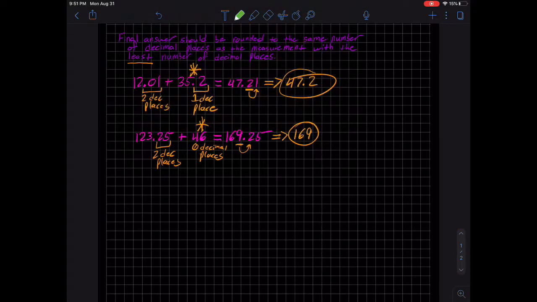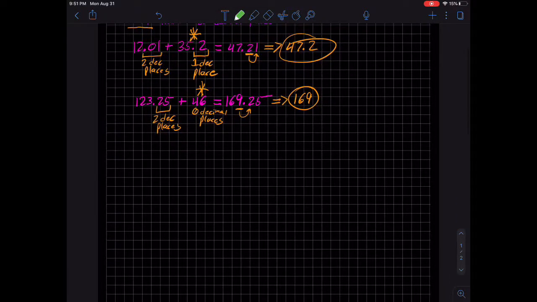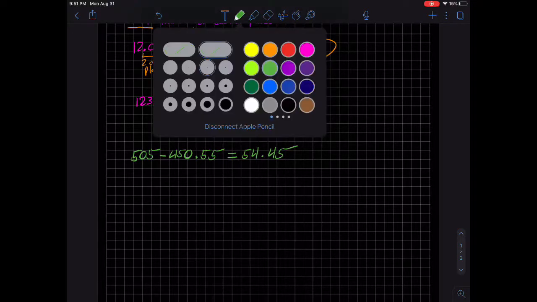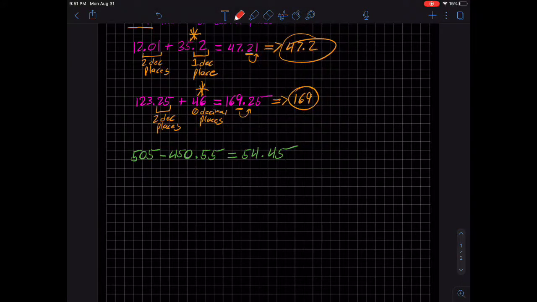Now let's look at an example with subtraction. We're going to take 505 minus 450.55. Plug this into the calculator and you get an answer of 54.45. Now we have to make sure we have the proper number of decimal places in the final answer. In the first number, we have 0 decimal places.